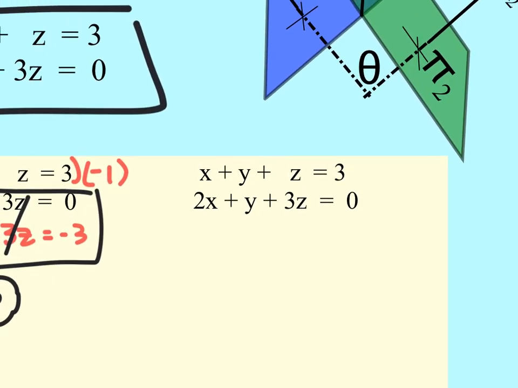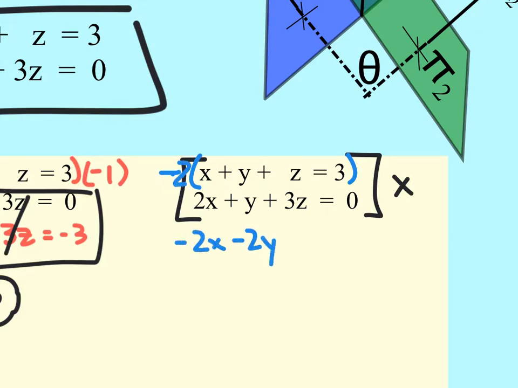Okay, over here, let's get rid of the x's. So I would want to multiply this first one by -2. So it'd be -2x minus 2y minus 2z equals -6.